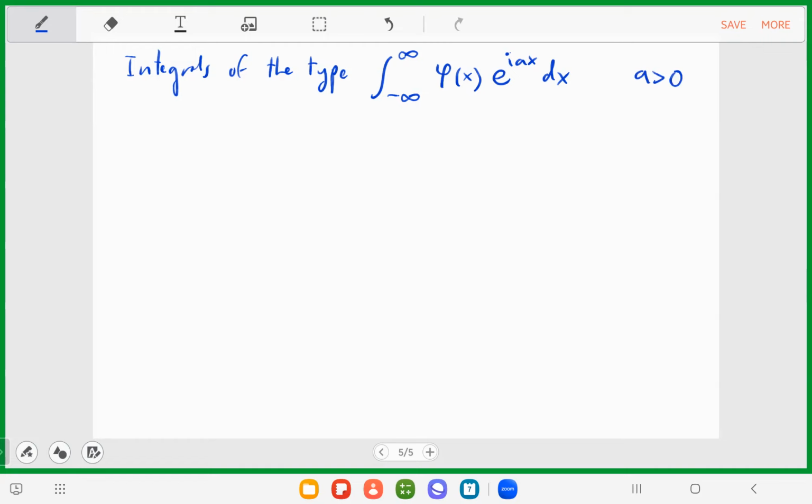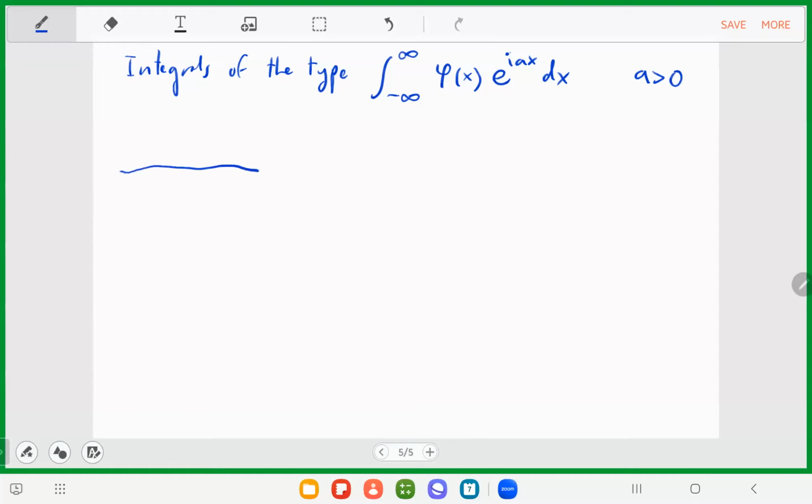So this type of integrals sometimes diverge. So sometimes you cannot calculate it, but sometimes we can use the residue theorem with a semicircle contour like we did before.